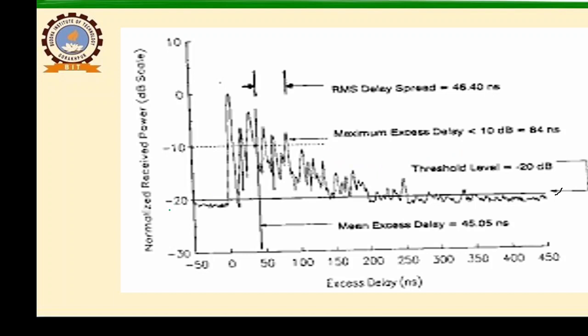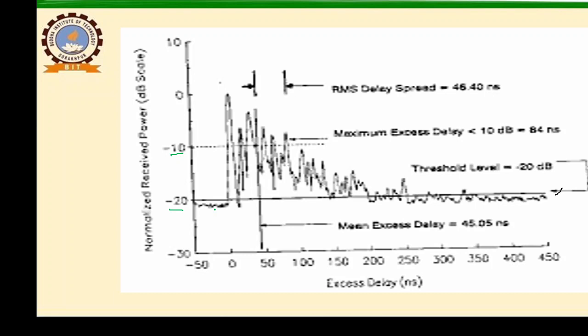One is at this point, another one is this threshold level. Actually we don't need to fix more than one threshold, but to see the effect of the parameters in our diagram, we fix the threshold at the 10 dB scale also. So there are two fixing points. So let us see the effect of these observations.